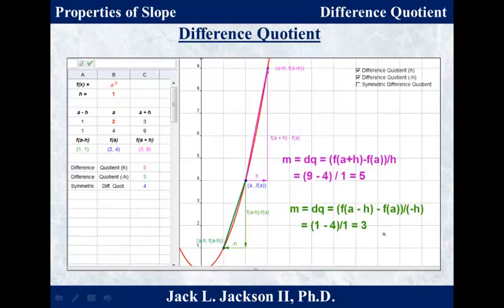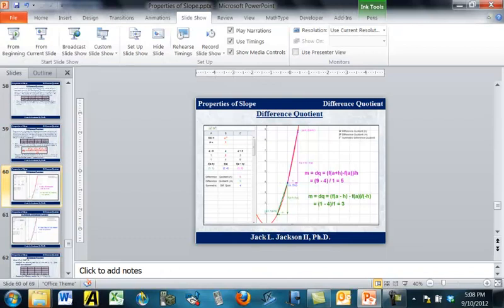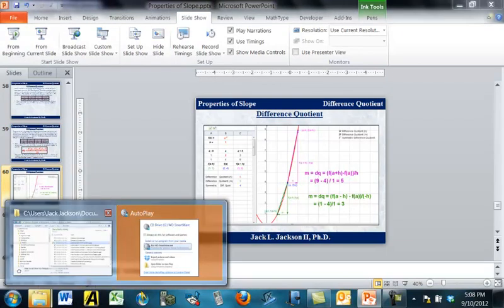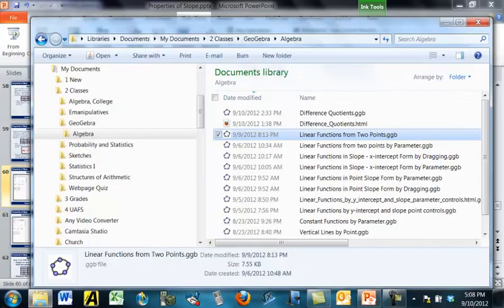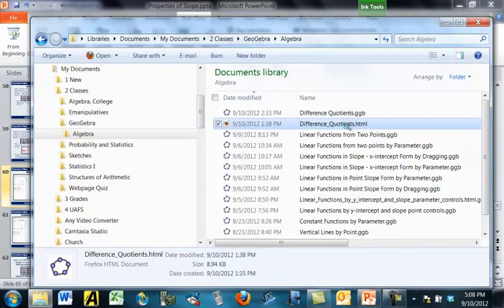Okay, so here's an illustration of this, and this is from a GeoGebra investigation that I'm going to open up that we can use here. Let's see. Should open it up.